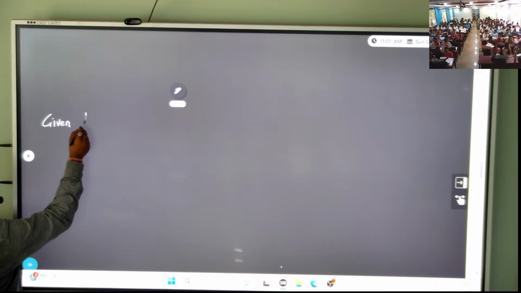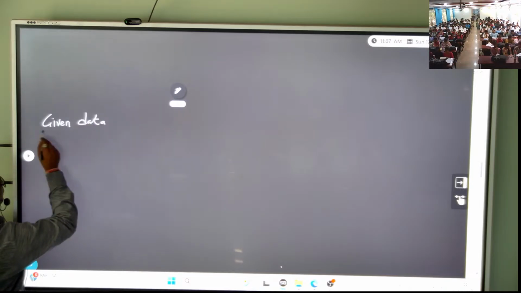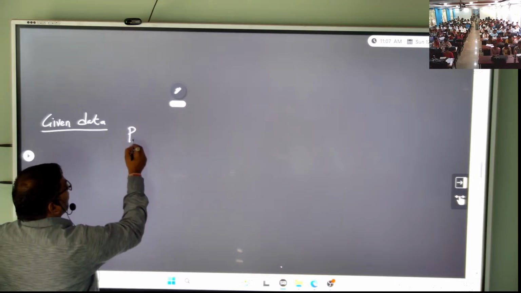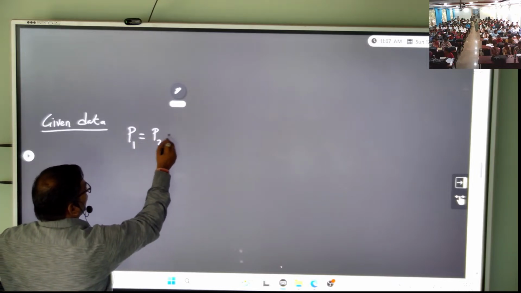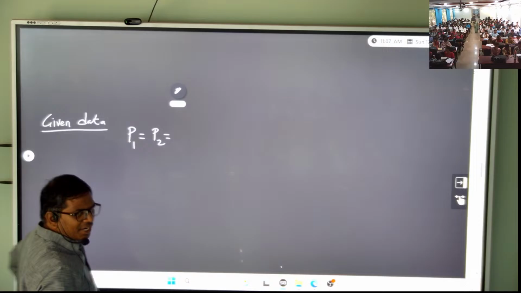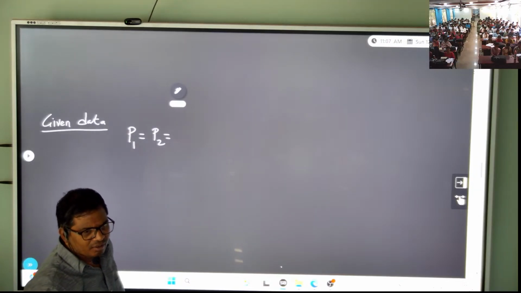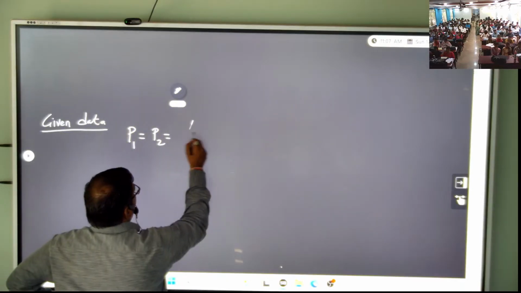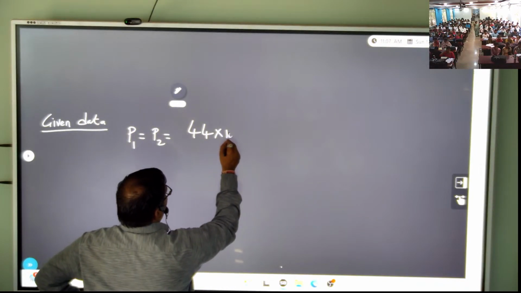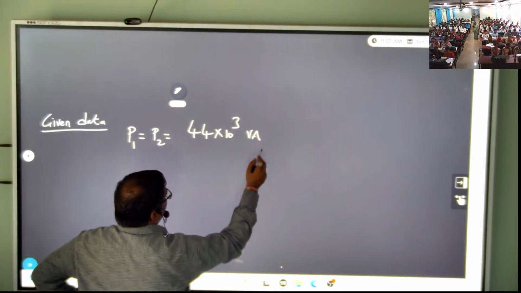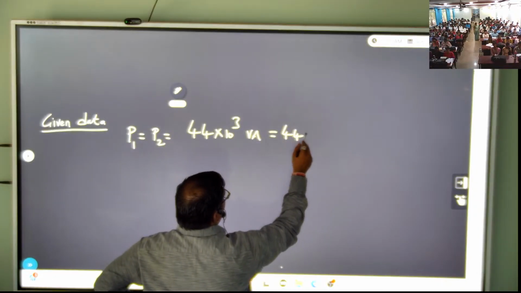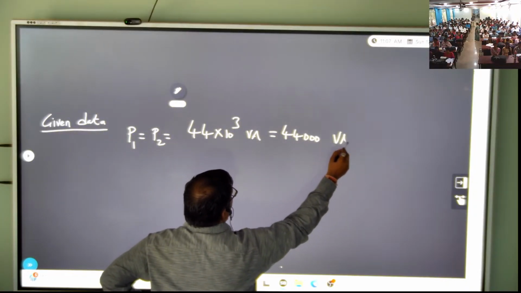Now, what is the given data? Given data: P1 or P2 is equal to how much? 44 kVA. How much power? 44 into 1000 VA, that is nothing but 44,000 volt ampere power.